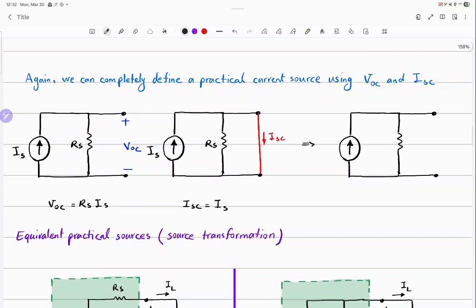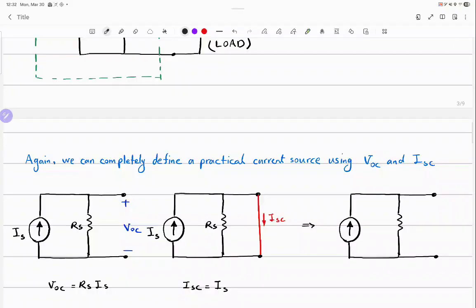Very similar to the case that 98% of you accepted. We're going to talk about two measurements on a black box that is a practical current source. So again, if I measure across the terminals, it's going to be called open circuit voltage. Now, based on the left-hand circuit, do we agree with the equation that is written at the bottom? Anything wrong with it?